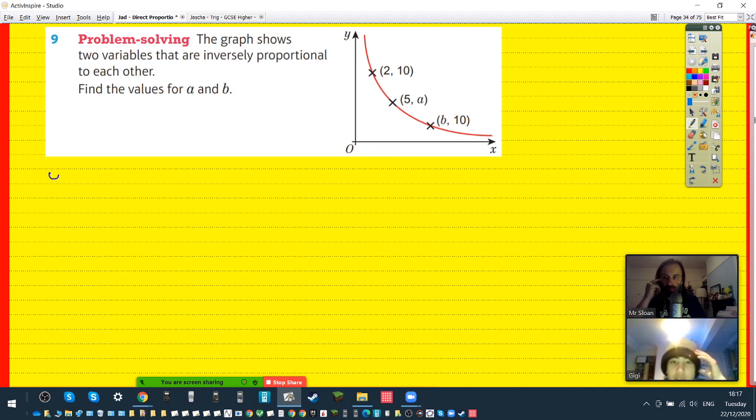Y equals 5 over x. I believe when y is 10, x is 2. So a direct proportion would be 5. This is inverse proportion. Y equals 20 over x.